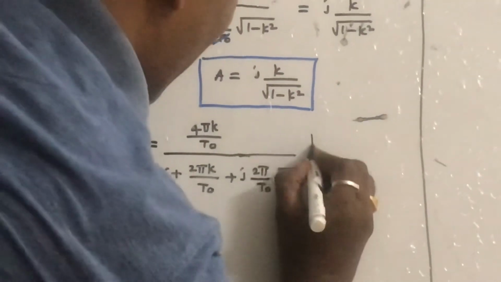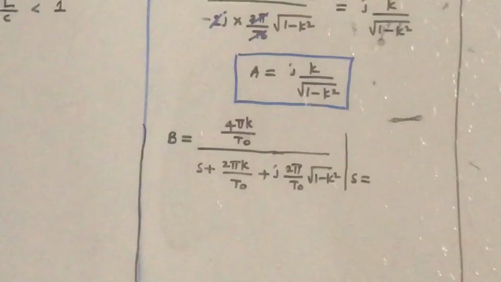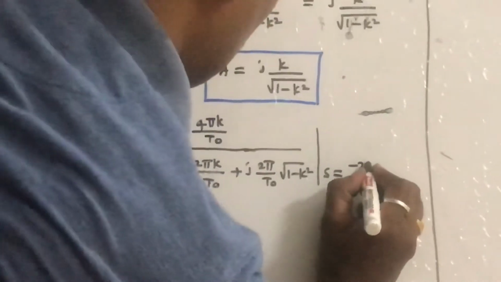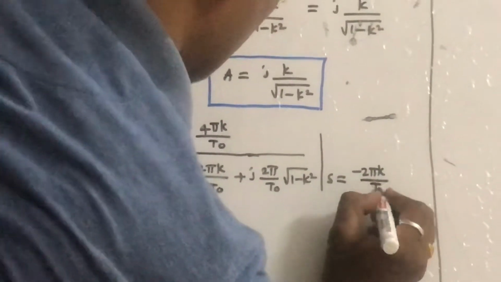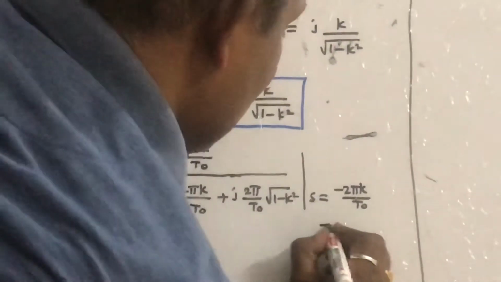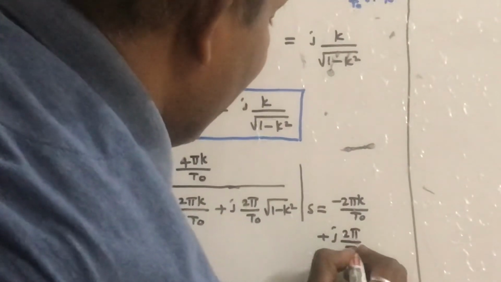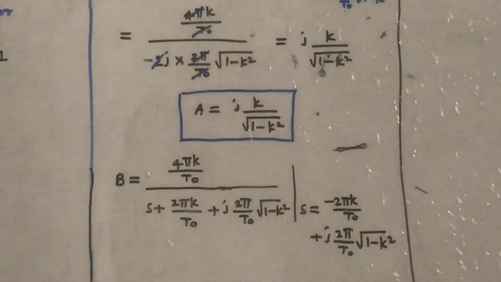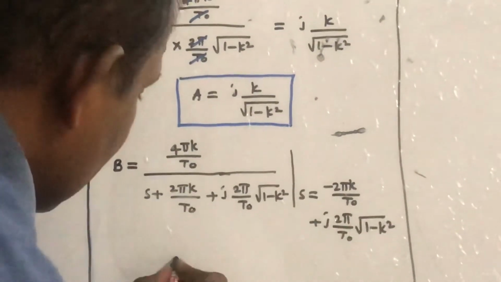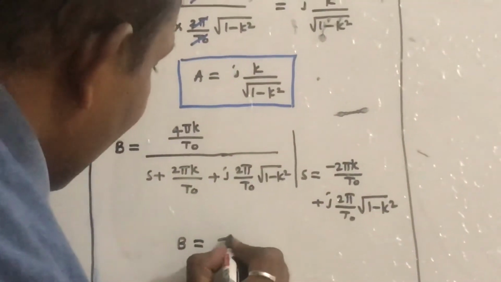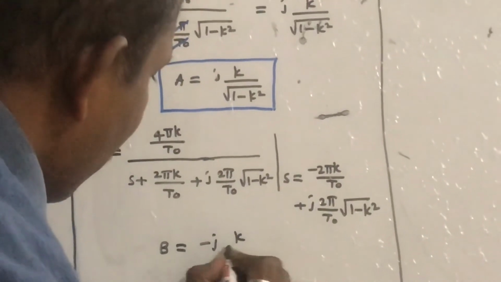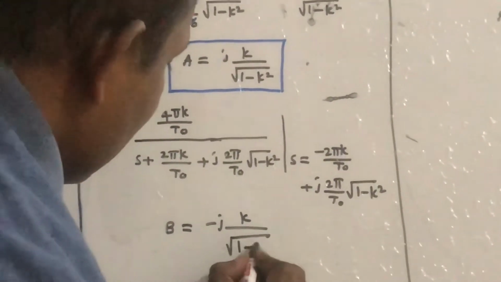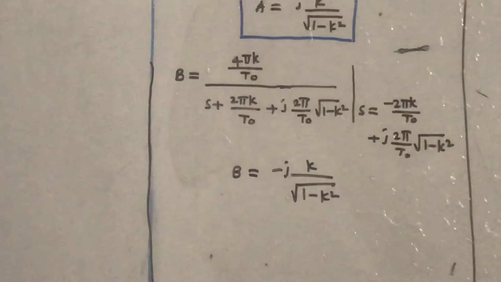So this term will remain. In this, what value of s do we have to substitute? Minus 2 pi k by t naught plus j 2 pi by t naught into square root of 1 minus k square. If you substitute and do all the calculations, I said that A and B will come as complex conjugates, so B is minus j k by square root of 1 minus k square. So this is the answer for B.